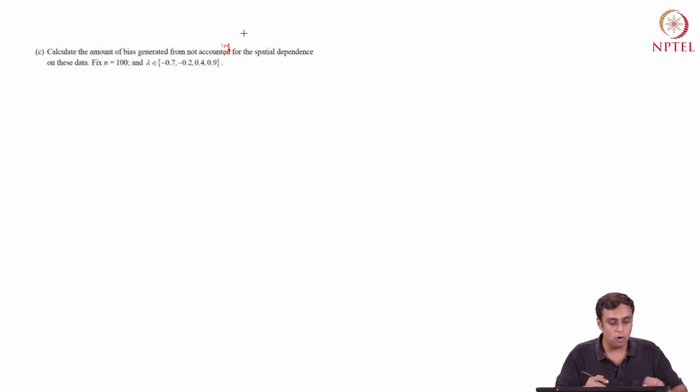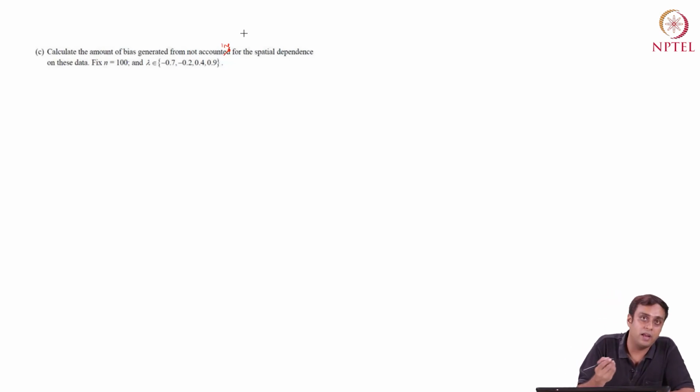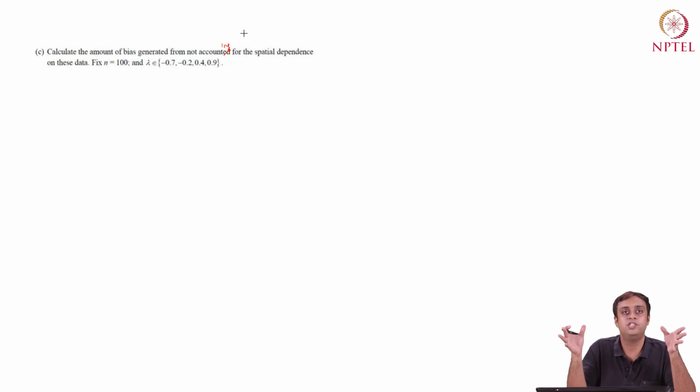We are given that n is 100 and lambda can take various values from negative to positive. When I started this lecture I said lambda can take positive and negative values. So of course we can solve this problem for each case, but we can also solve it for a general case.